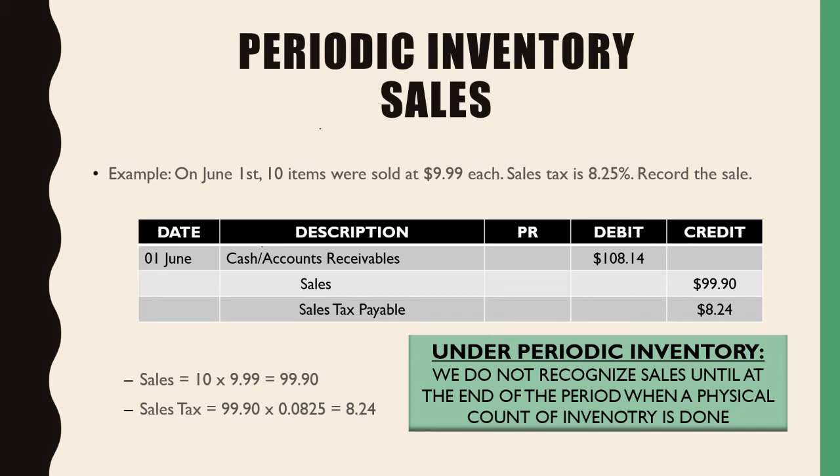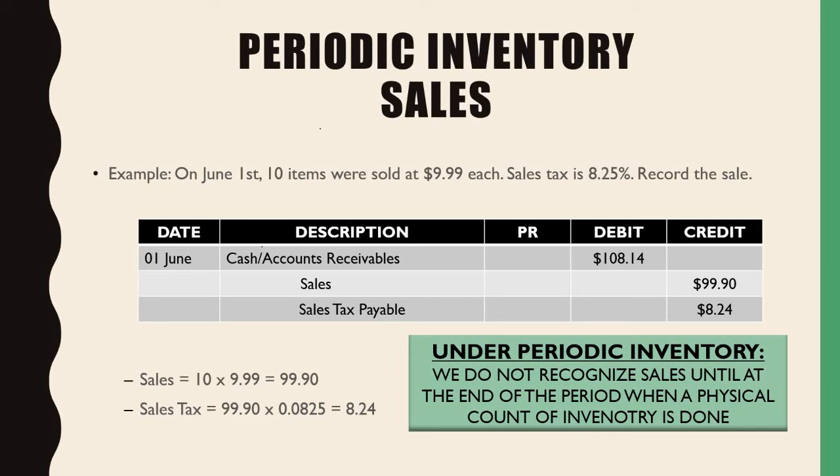We're not going to cost our goods sold just yet because we do that at the end of the period. So in this case, we are done by just recording the sale. We're not going to update our inventory. We're not going to mark how many things that we've sold because we do that towards the end of the period anyway.